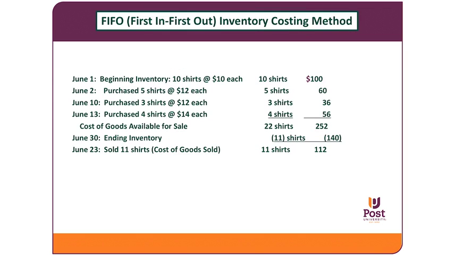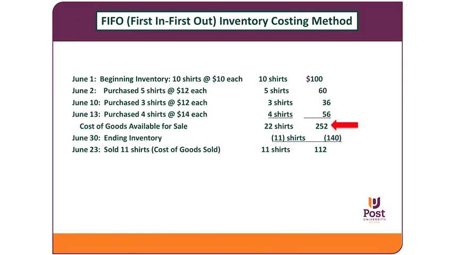The first method is called first in, first out, or more commonly called FIFO. What this means is that the first ones you owned are considered the first ones sold. Based on what we had in our beginning inventory and what we purchased, we have 22 shirts with a total cost of $252 available for sale.